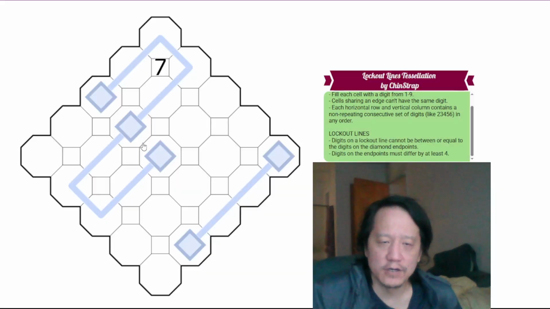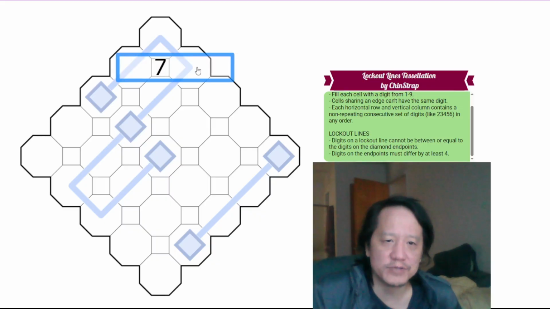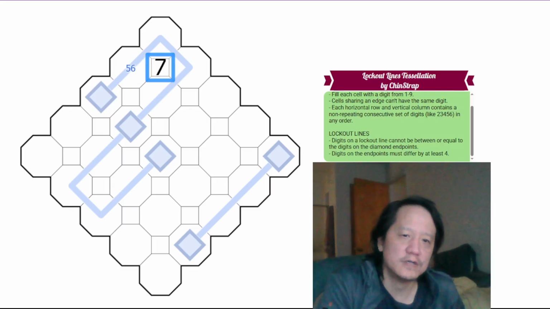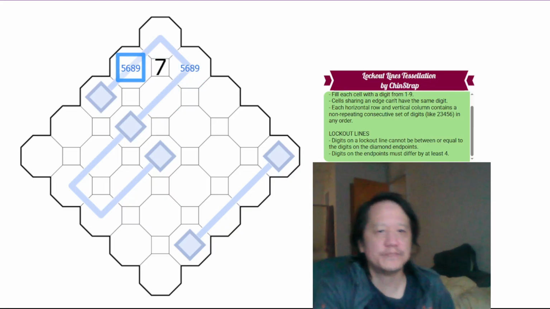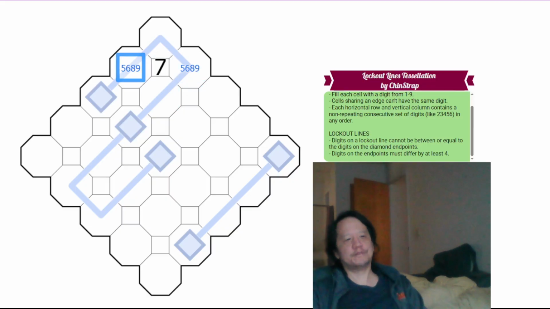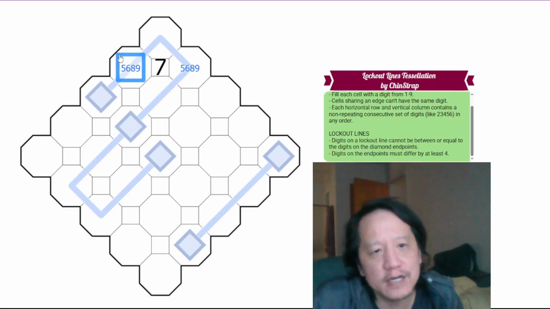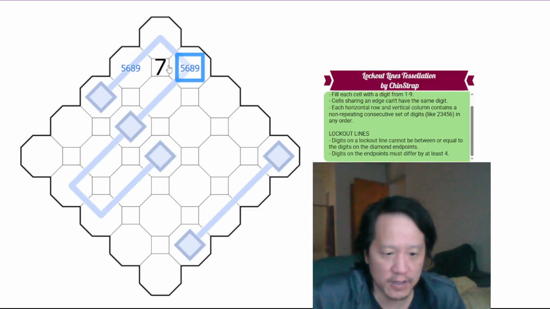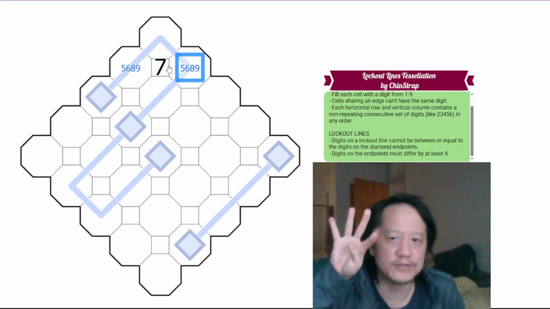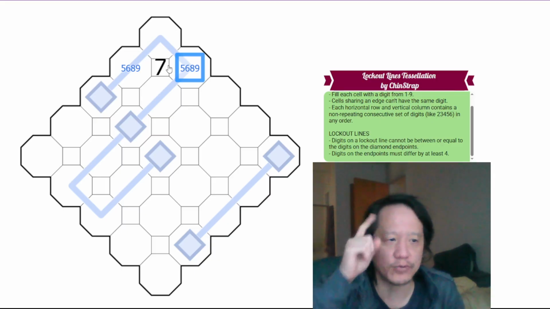Let's go. Okay, to make a renban with 7, it's either 5, 6, 7, or 6, 7, 8, or 7, 8, 9. So we know that. You cannot have 5 on this lockout line. 5 is never going to be on a lockout line because you have to have a difference of at least 4 between the endpoints.